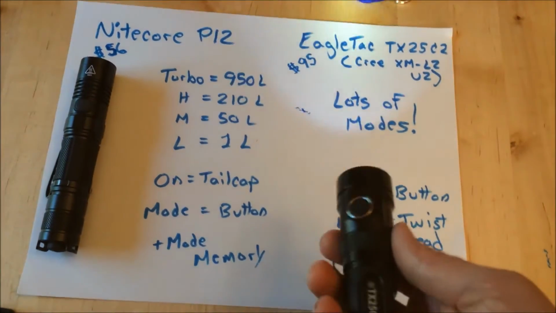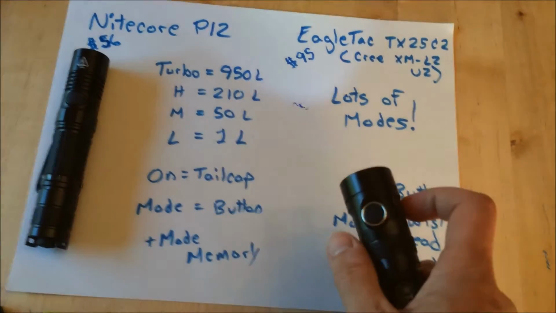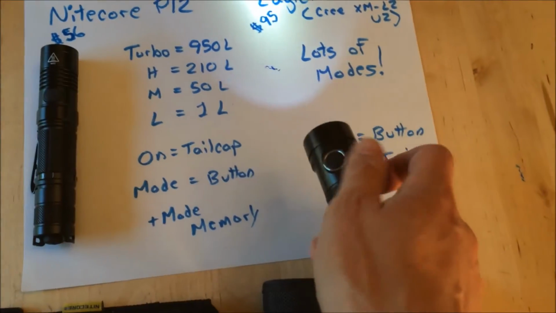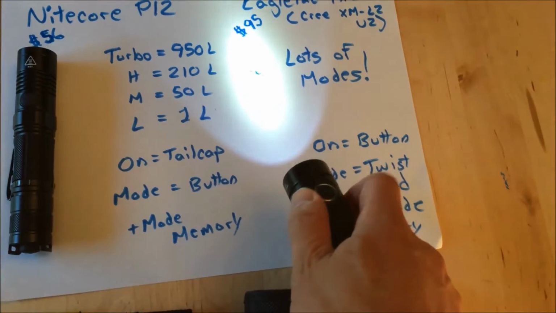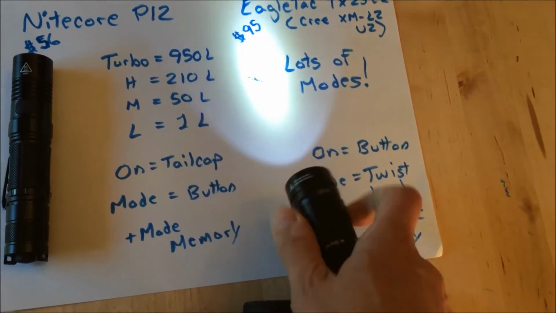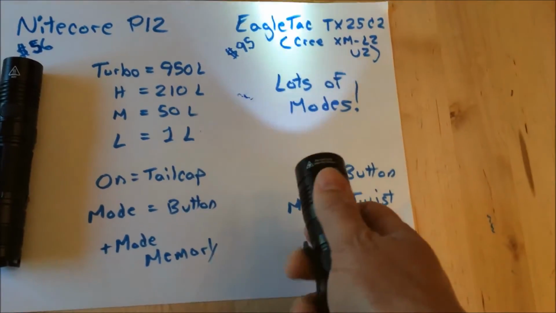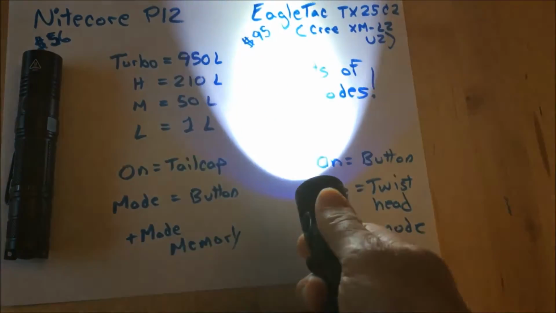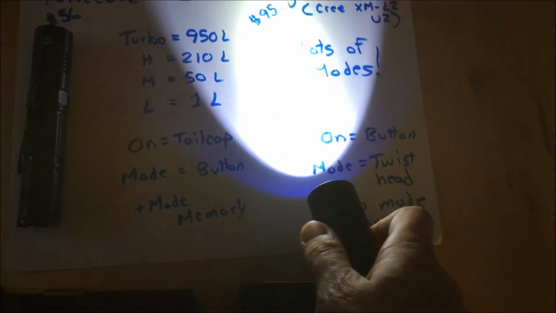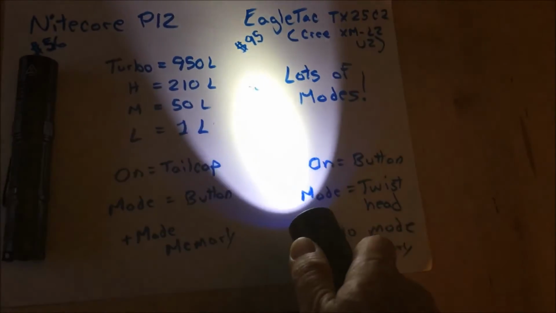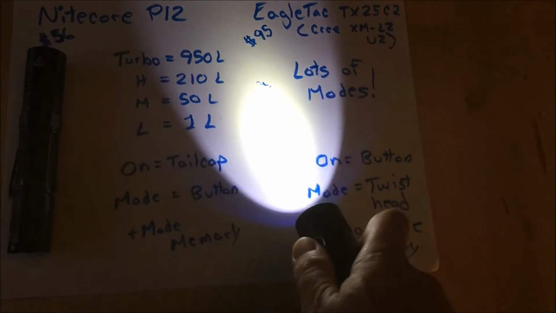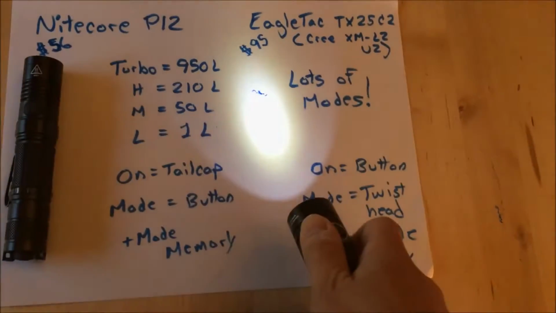So whenever you first turn on this light, it's going to enter into the mode that's based on one of 3 positions that you can have the head turned in. Okay, so there's turbo, high, or medium, however you want to term it, and low.